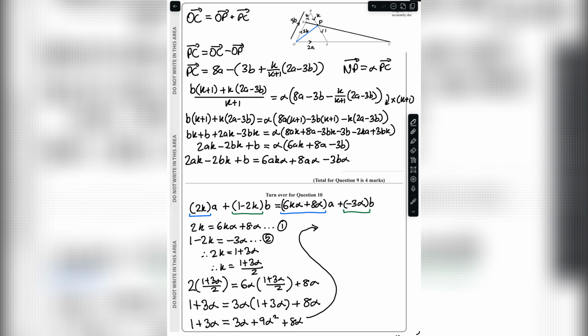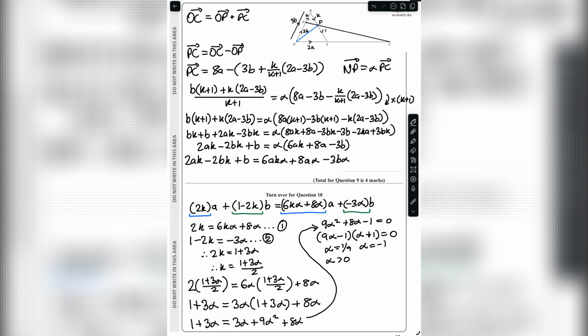So after setting this equation equal to 0 by moving all the terms on the left hand side of the equation to the right hand side of the equation, we get 9 alpha squared plus 8 alpha minus 1 equals 0. And when you factorize that, you should get 9 alpha minus 1 multiplied by alpha plus 1, and that equals 0. So we can see that alpha equals 1 over 9, or alpha equals minus 1.